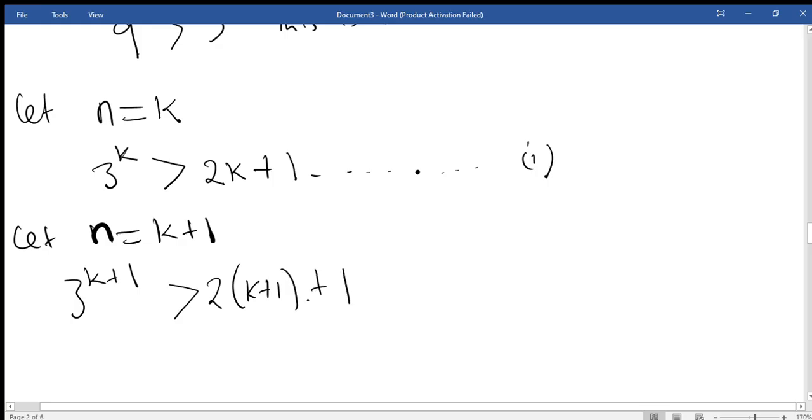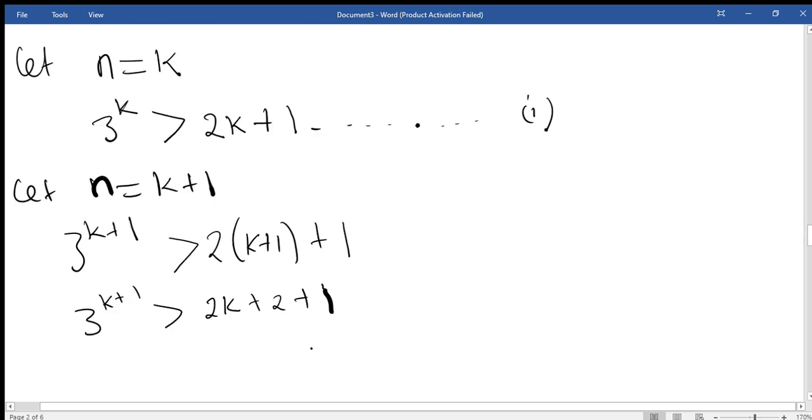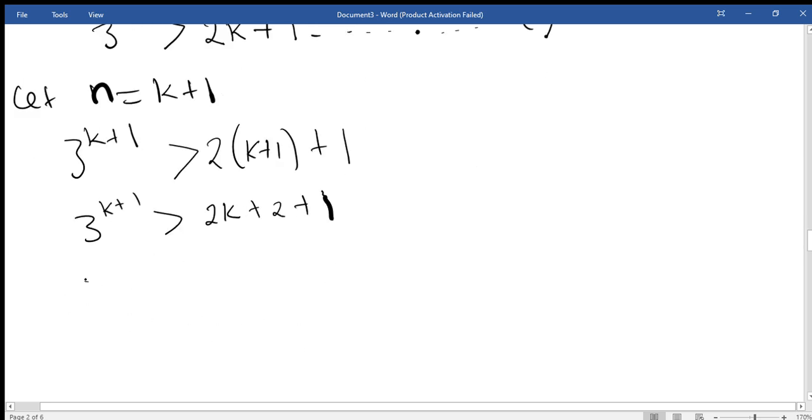Simplifying this, we're going to have 3 power k plus 1 greater than 2k plus 2 plus 1, which leads us to 3 power k plus 1 greater than 2k plus 3, and this becomes our second equation.